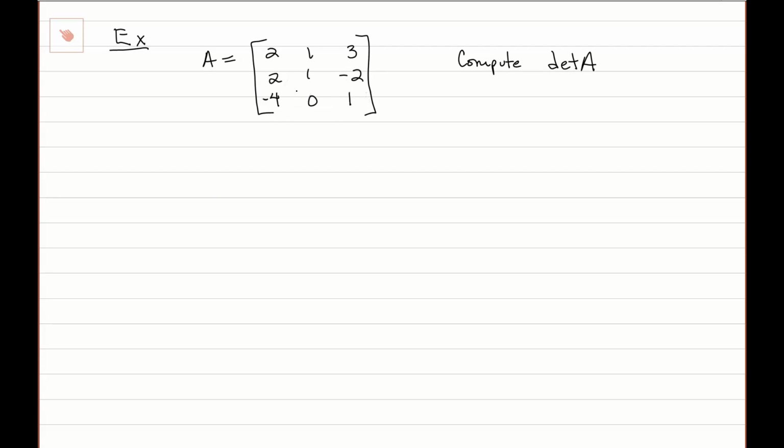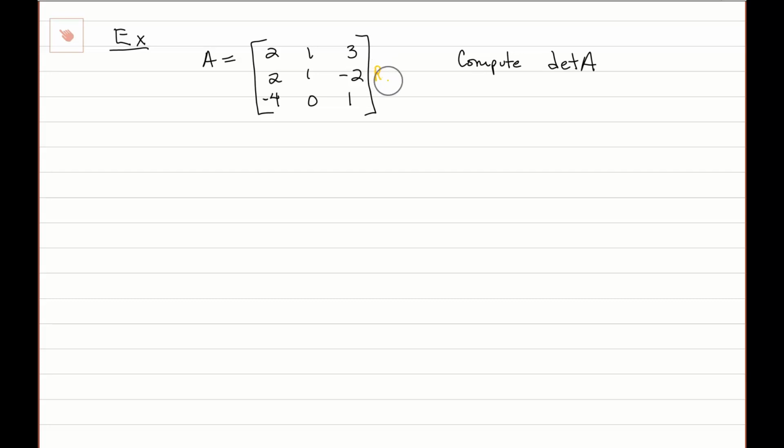So in this example, I want to compute the determinant of A, and I'm going to do that by, instead of doing cofactor expansion, using some of these elementary row operations to simplify the calculation a little bit. So I'm just going to start by implementing that Gauss-Jordan algorithm to try to get some more zeros in this matrix.